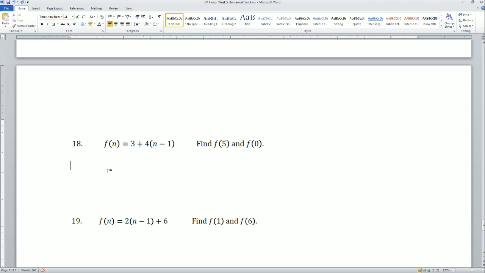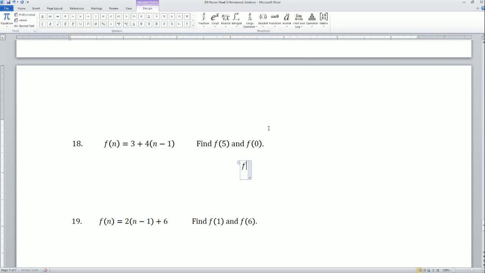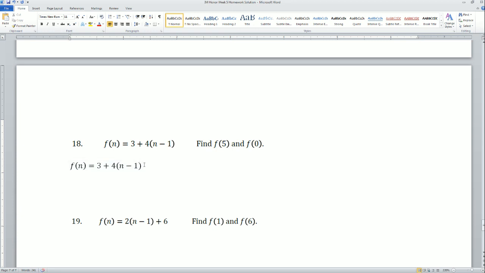Alright, so what we can do is, let's just write down the function first. It is equal to 3 plus 4 times n minus 1. Here you go. They're asking us to find 5, so you plug in 5 here for n and 5 here for n. What is 5 minus 1?